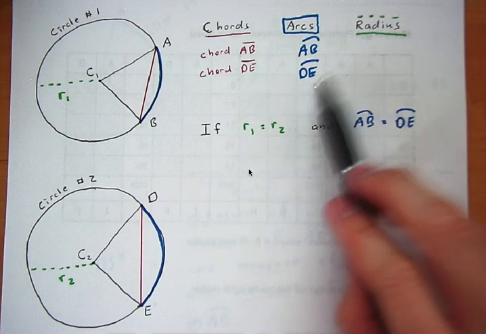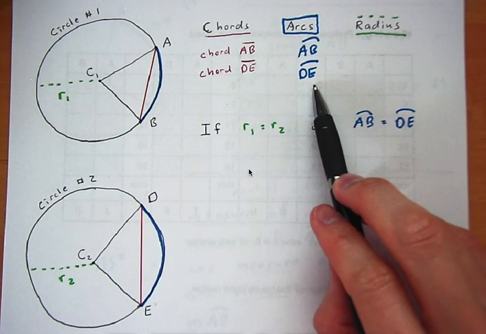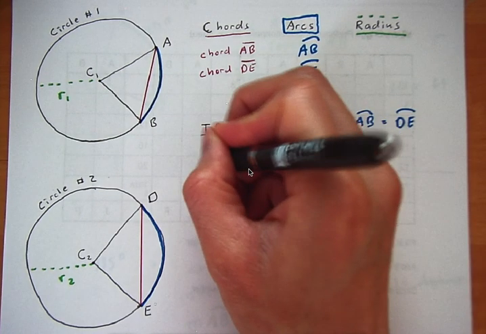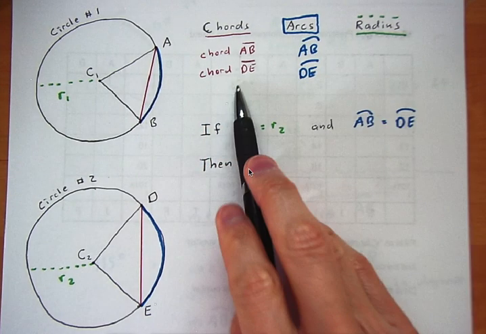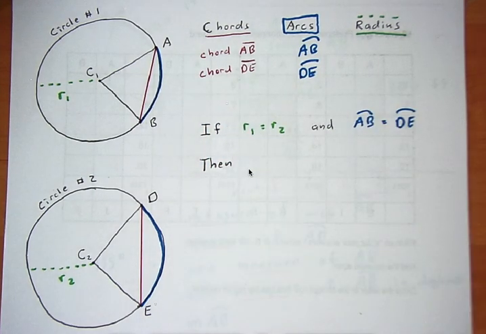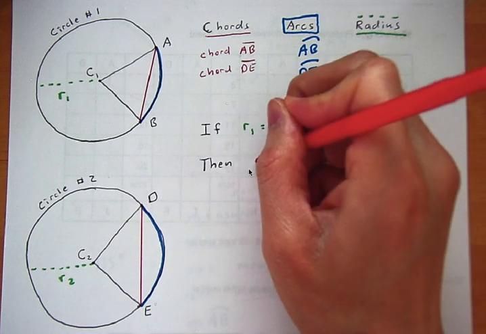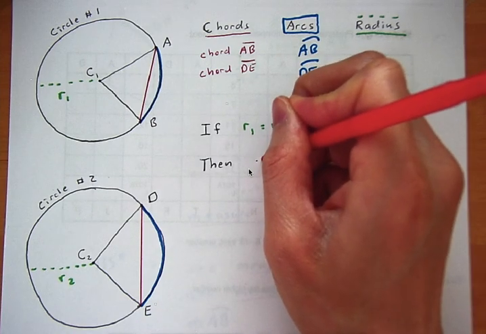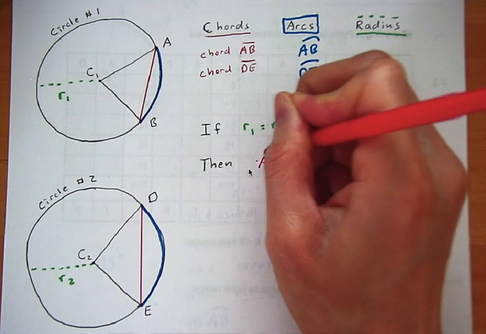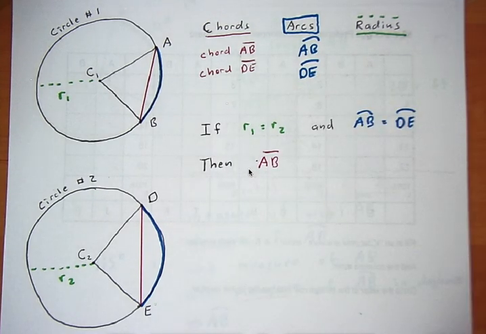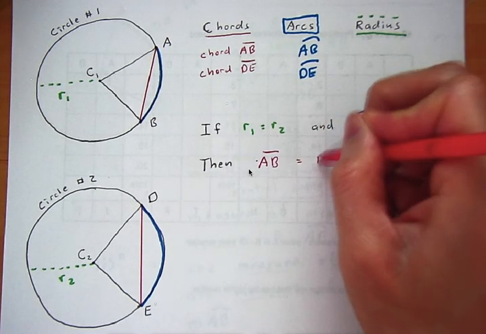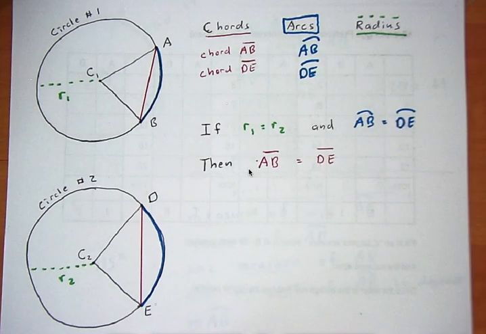So if I know these two things are the same for both circles, then this has to also be the same. Then I know that chord AB will be equal to chord DE. Okay, and it works with any of the other combinations as well.